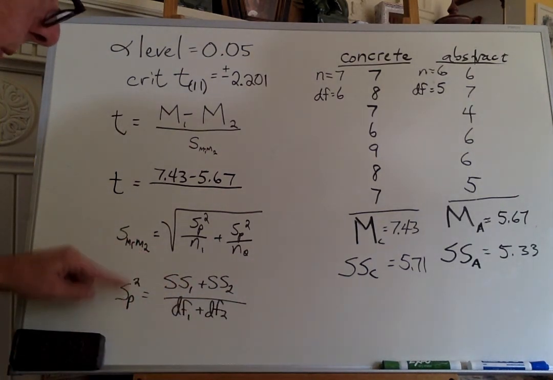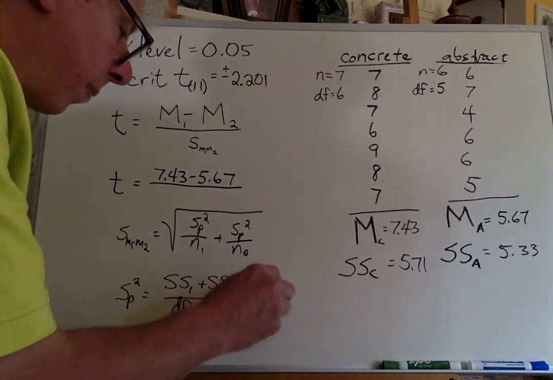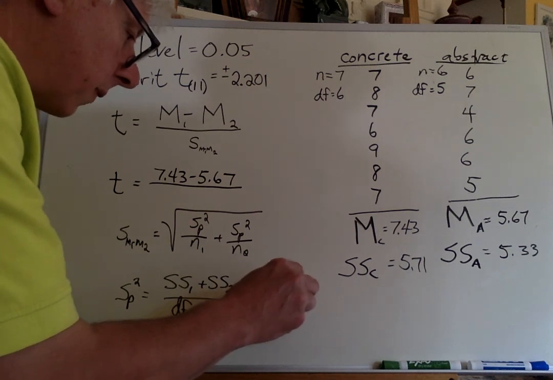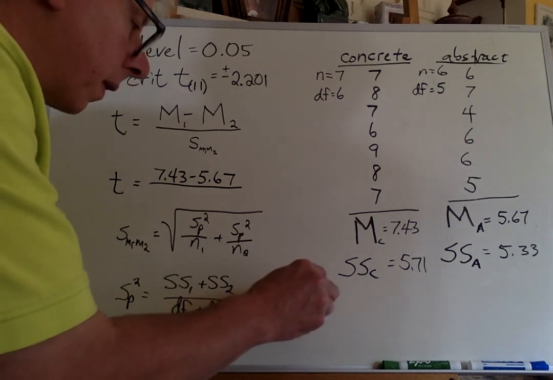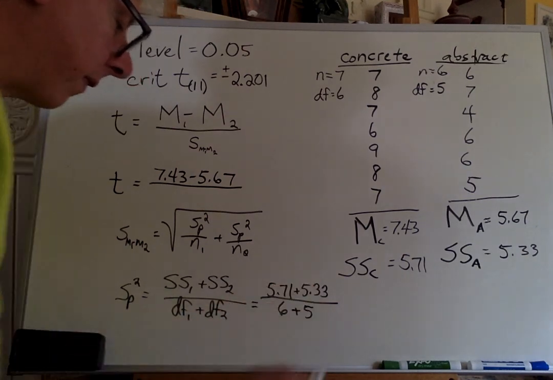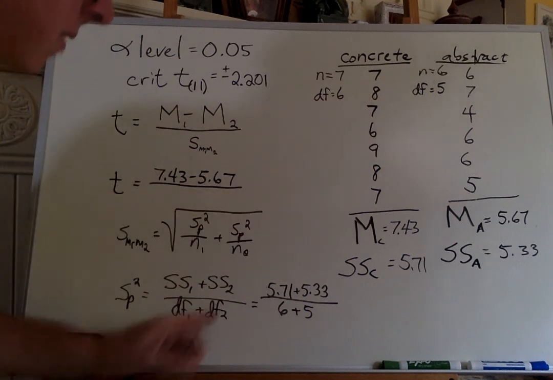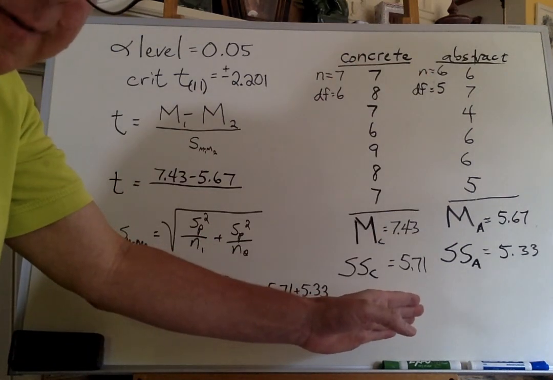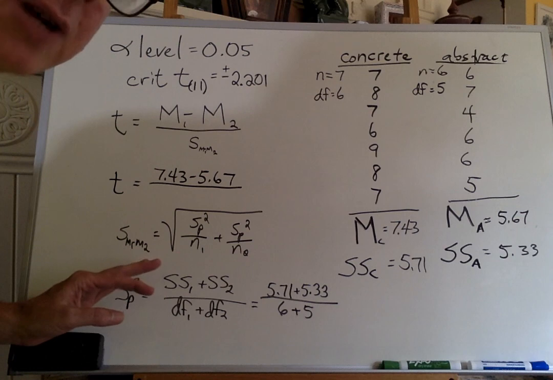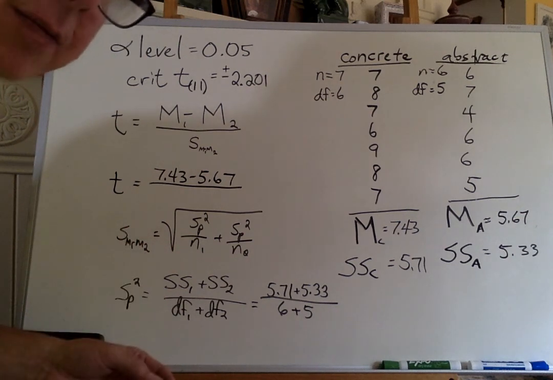Pooled variability, pooled variance. So 5.71 plus 5.33 divided by 6 plus 5, the degrees of freedom for the first group and the degrees of freedom for the second group. You do not have to memorize these formulas, but you have to be able to use them.